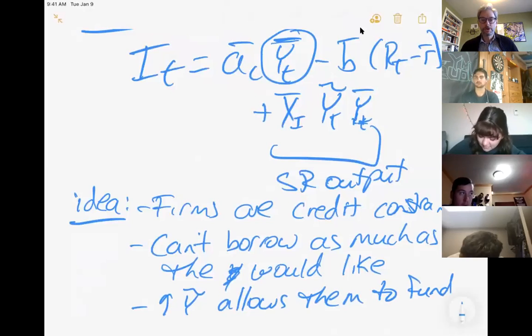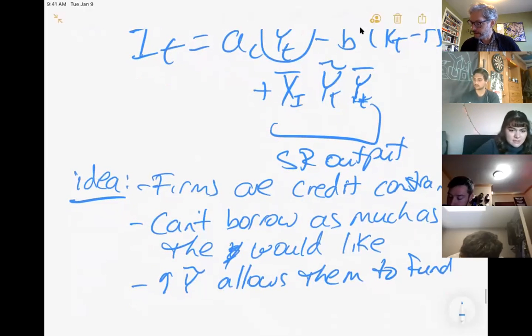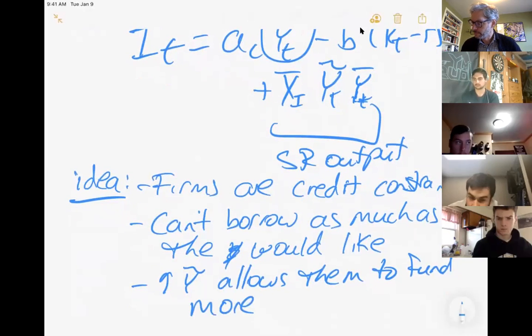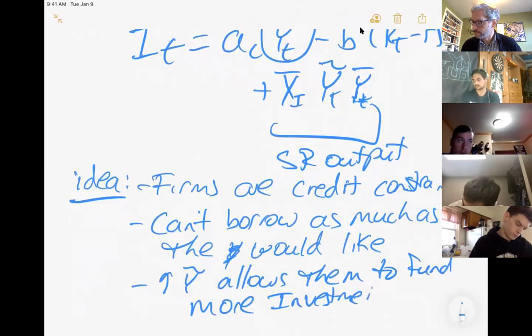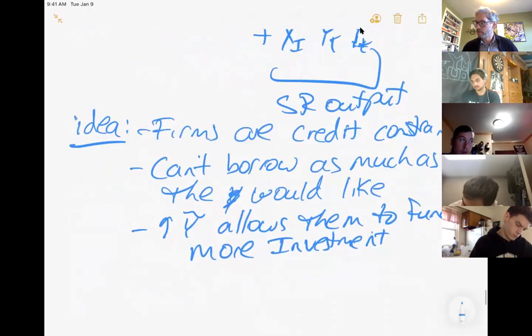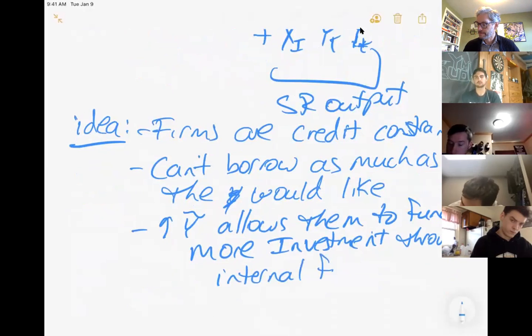So when short run output goes up, it allows them to fund more investment through internal finance. What I mean by internal finance is basically retained profits, keeping their profits to pay for their investment.